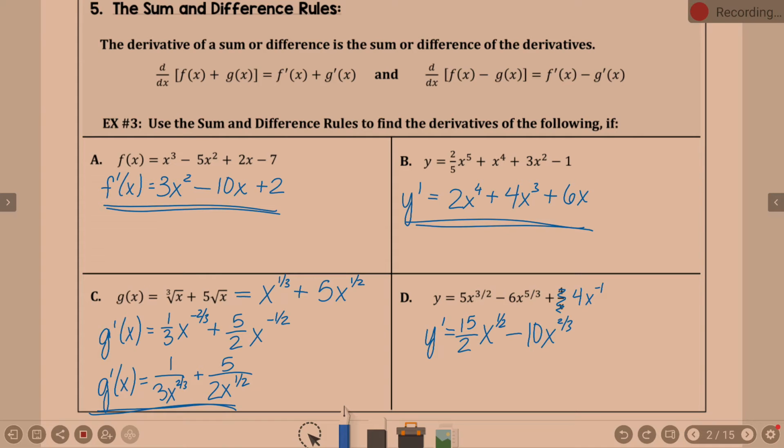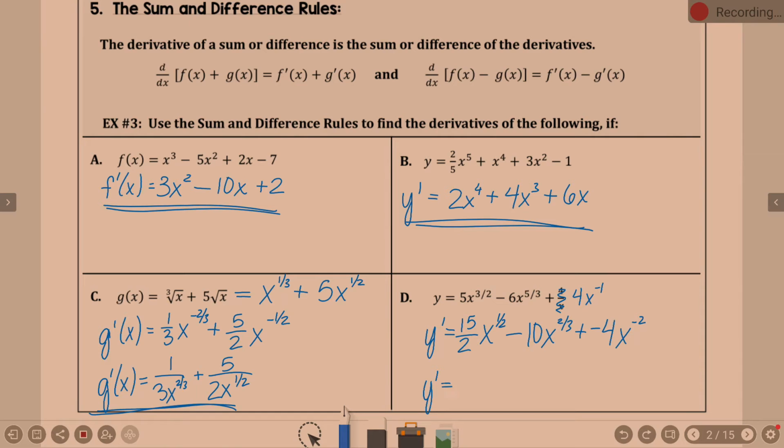I almost forgot about this next guy. Plus 4x to the negative first derivative. Okay. Negative 1 times 4 is negative 4, x to the negative 2. So I guess I am going to have to rewrite it for the last piece.